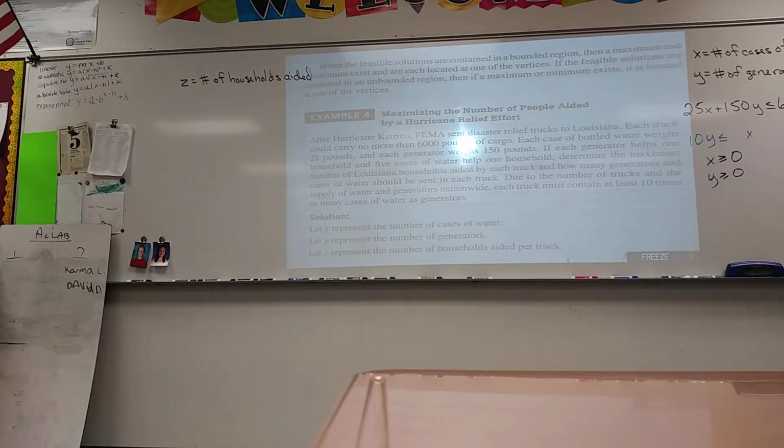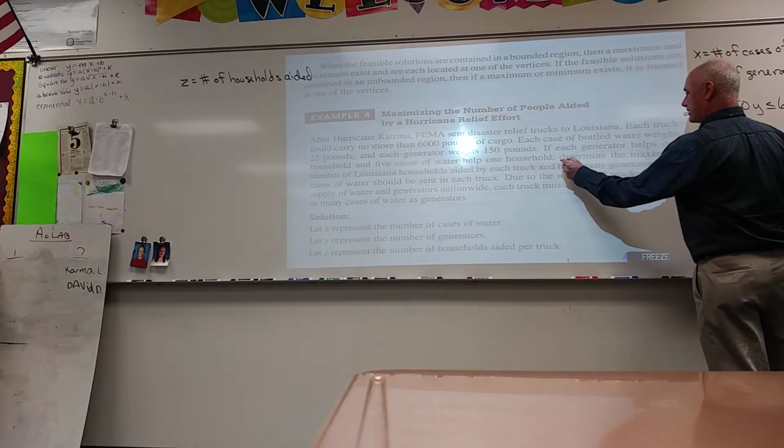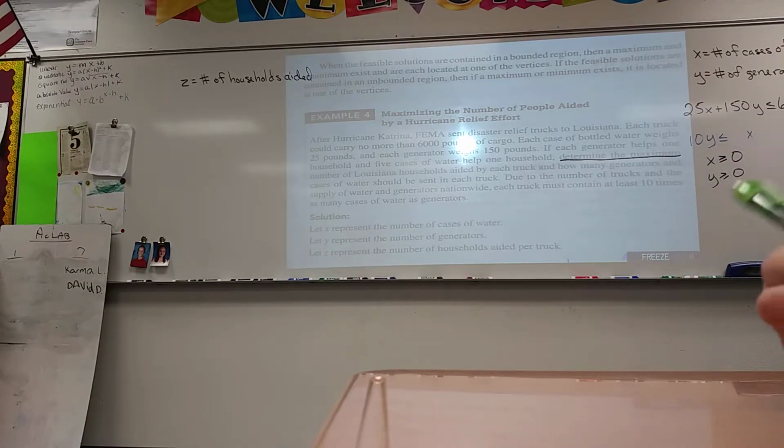Not yet. I'd love to do the objective function first. If I do the objective function, then I can blank that out and we can graph right over the middle there. That's my thought. So, objective function. Where does that come from? Here's how I can tell it's the objective function. Determine the maximum.